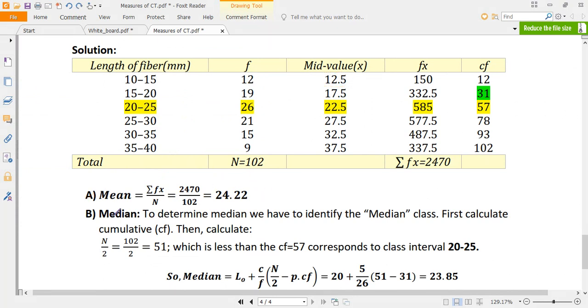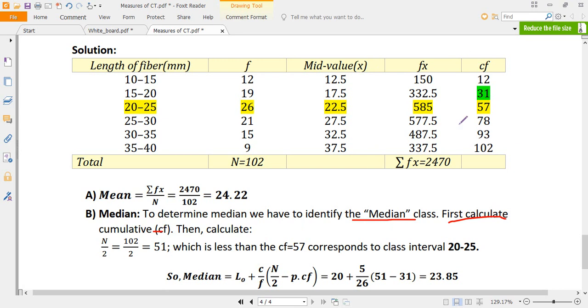Next we have to compute the median. We know that while calculating the median from a frequency distribution, we must identify the median class. So carefully, attentively, see how we identify the median class. To identify the median class, first we have to calculate the cumulative frequency.